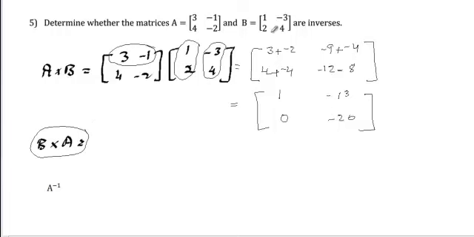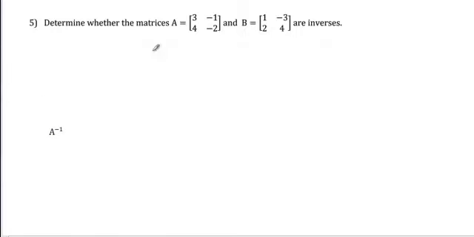inverses of each other. Now, let's find the inverse of matrix A, which is equal to 3, 4, minus 1, minus 2. To find the inverse of this matrix, we have 2 or 3 steps to follow, and then finally we can find the inverse.